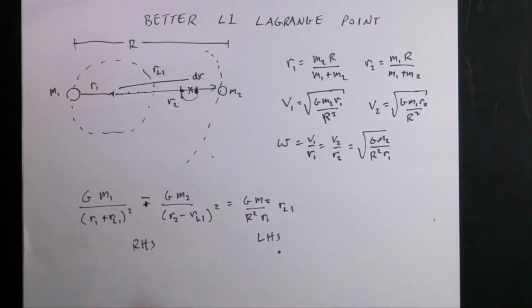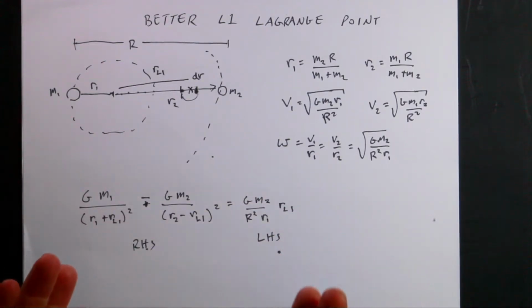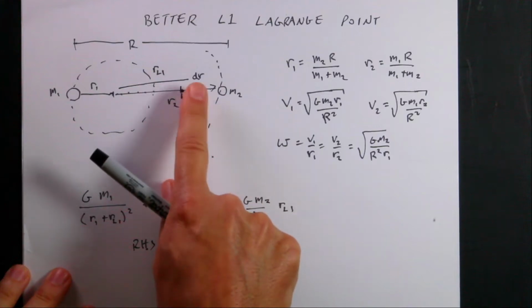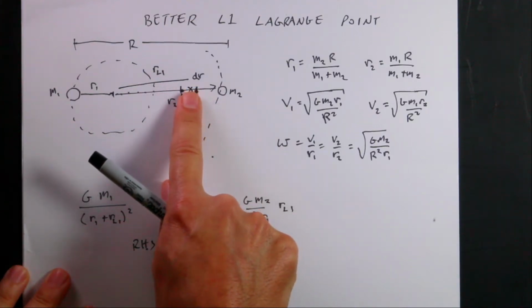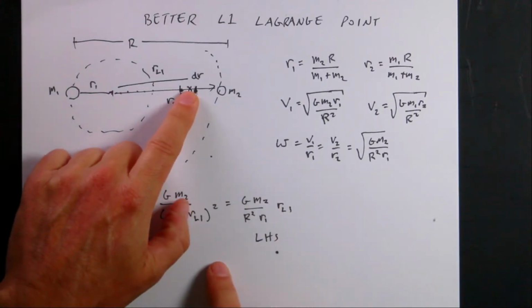And this equation is not easy to solve. I solved it, and then I made a better way to solve it, and now I'm going to make an even better way to solve it. The key here is that I'm going to smash this down into a one-dimensional problem and treat it kind of like a mass on a spring. I'll plot this, but the problem is that this is an unstable equilibrium point.